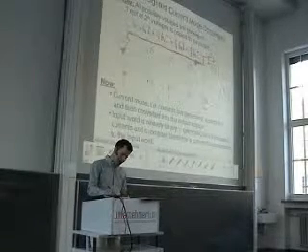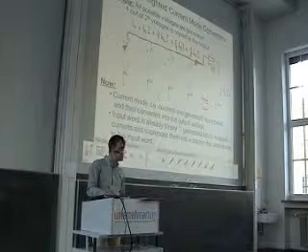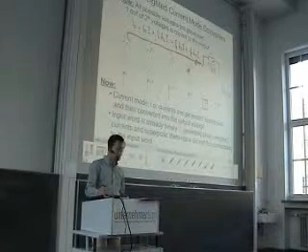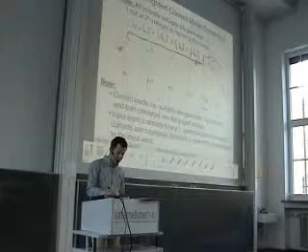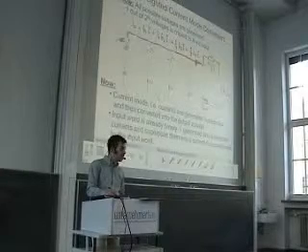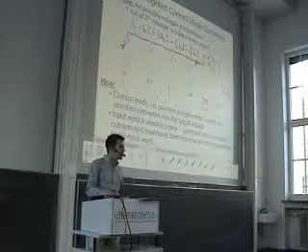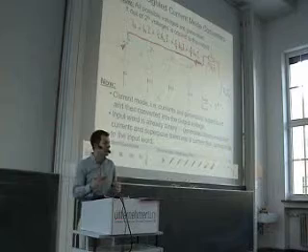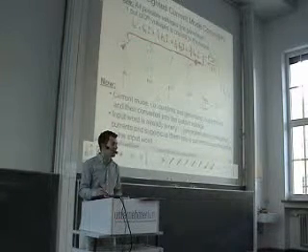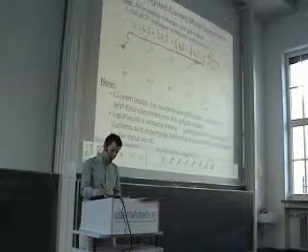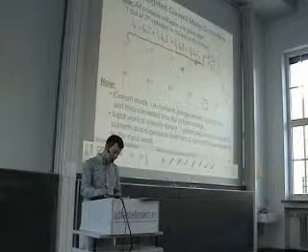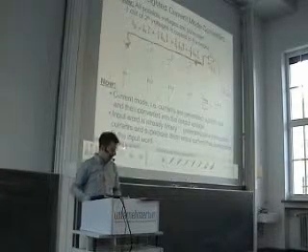Probably we need a much larger switch here than here, because this one has to bridge a much higher current, and to make the voltage drop the same, we have to scale up the switches. So the switches are usually scaled from here to here.